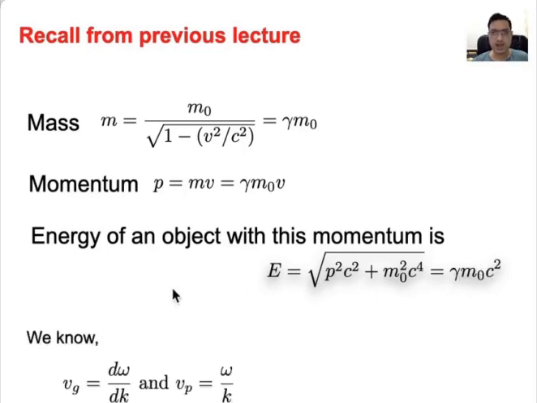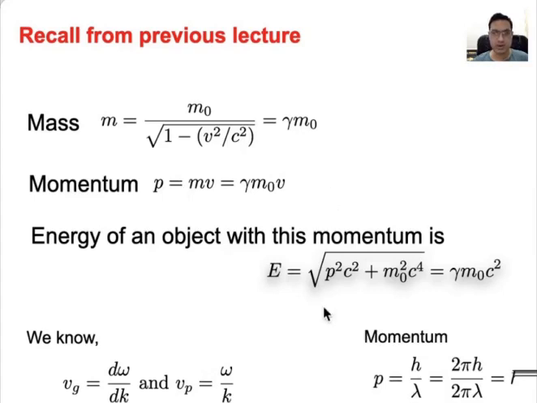We also know from the previous slide that the group velocity and phase velocity are given in the following fashion. So let's try to compute the group velocity and phase velocity for a particle which has this particular energy, momentum, and mass.